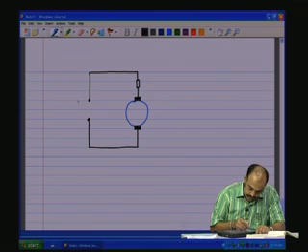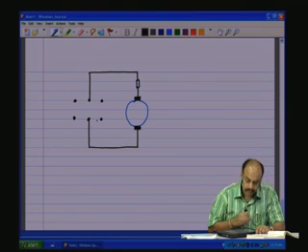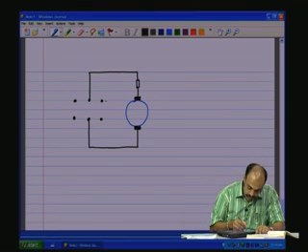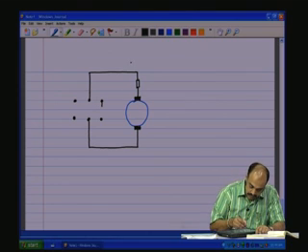Now, so I am going to have these 3 positions here. Now, let me take another color.